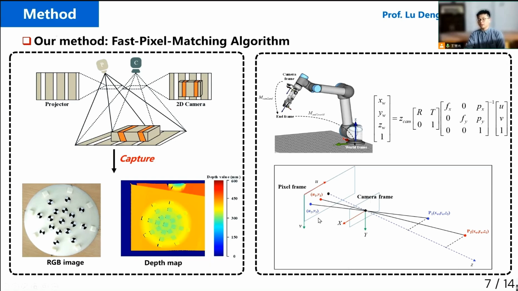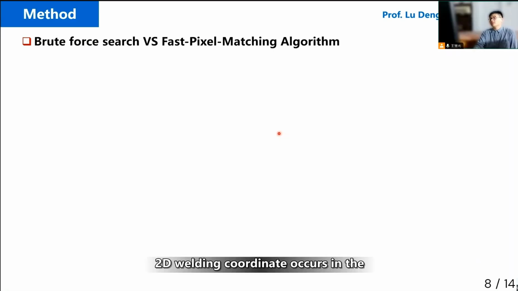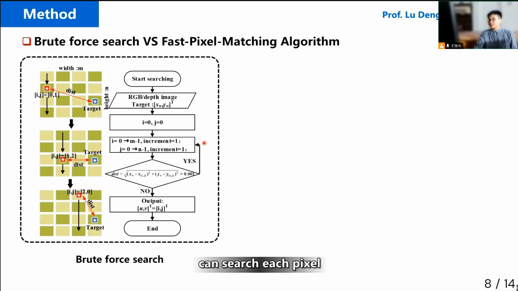Above all, the pixel coordinates can't be solved due to the missing depth value in the z coordinate. When the 2D welding coordinate occurs in the field of a camera, we can search each pixel coordinate and calculate the XYZ coordinates in the world frame.